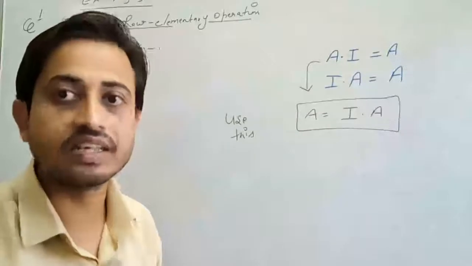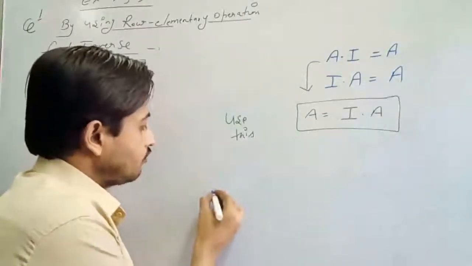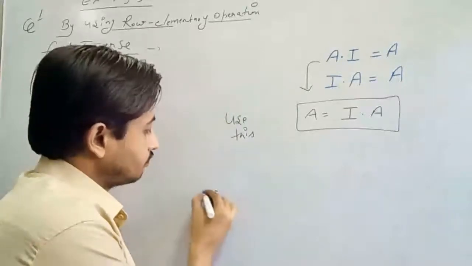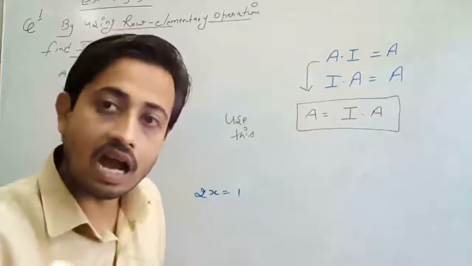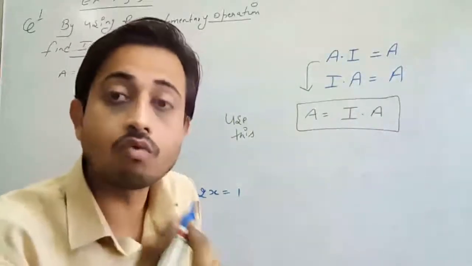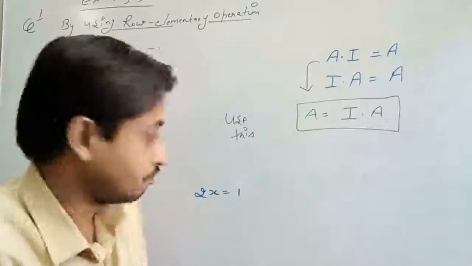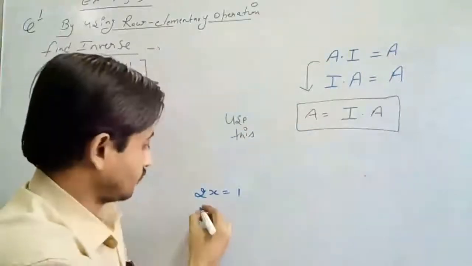How will we find the inverse? Please look. If I have 2x is equal to 1 and I have to find the value of x inverse, then how will we get it? We have to take this x to the right side.